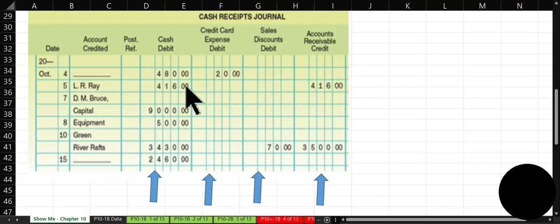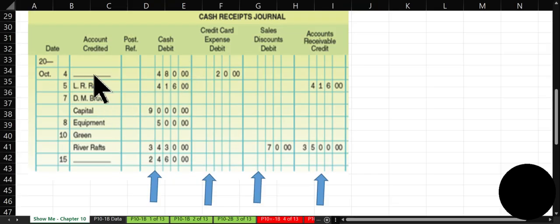Here is a sample cash receipts journal, and again, the specific title for the columns will be dependent on how the firm wants to use this cash receipts journal. What will not be different though is the cash debit column, because remember, the cash receipts journal is supposed to record all cash receipts.